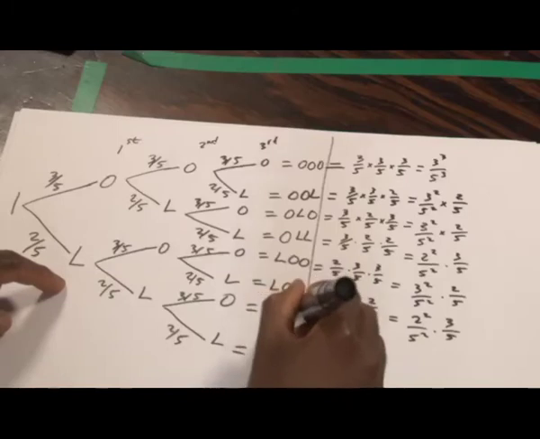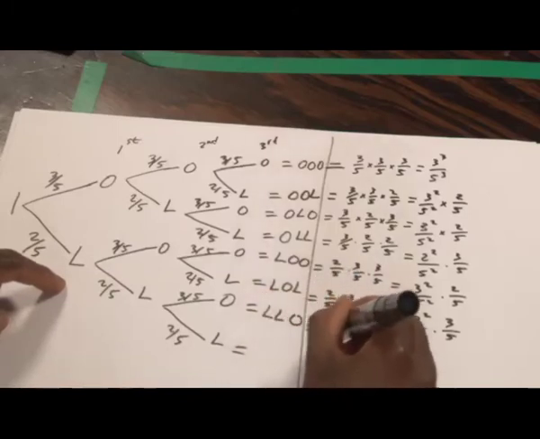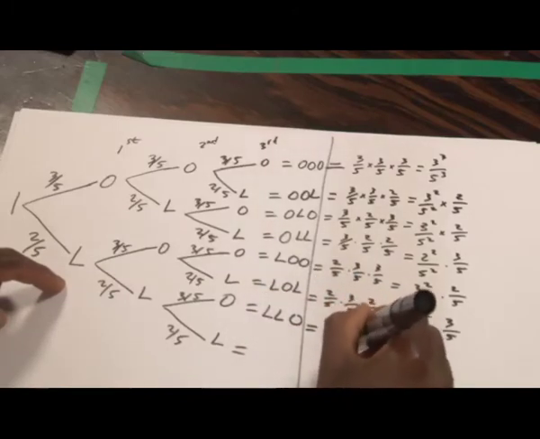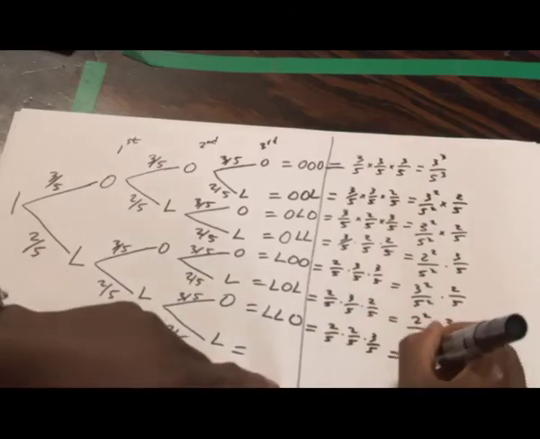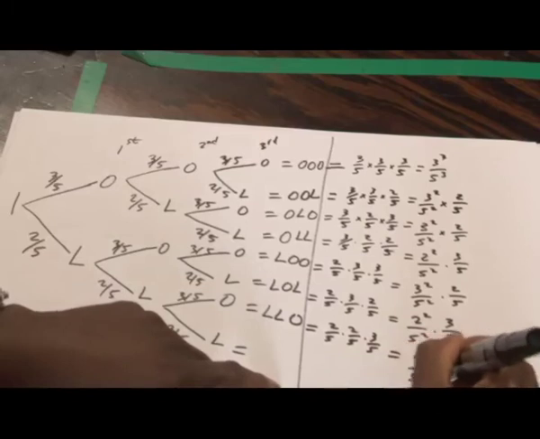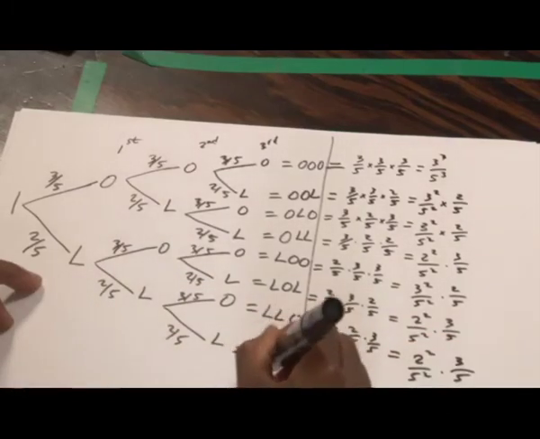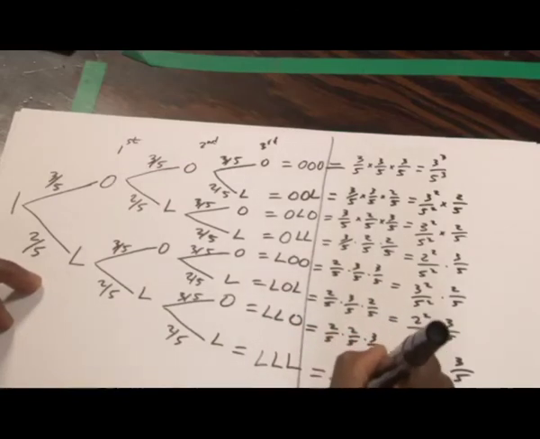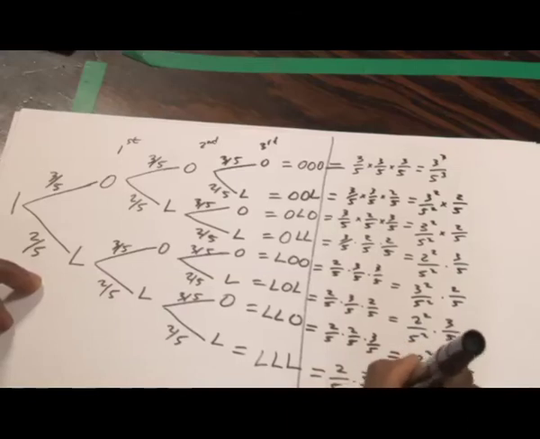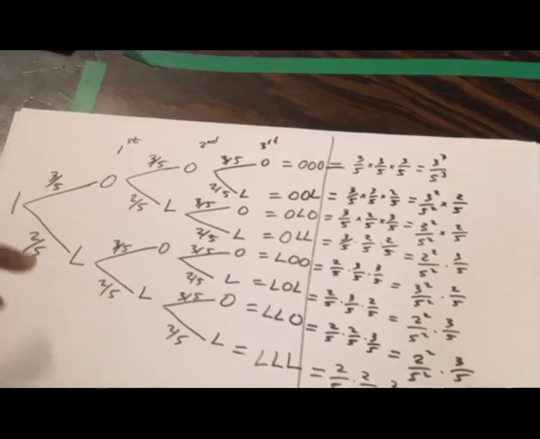Then lemon, lemon, orange is 2 over 5, another 2 over 5, then a 3 over 5, or 2 to the power 2 over 5 to the power 2 and a 3 over 5. Then lastly lemon, lemon, lemon, 2 over 5, 2 over 5, 2 over 5, which is 2 to the power 3 over 5 to the power 3.